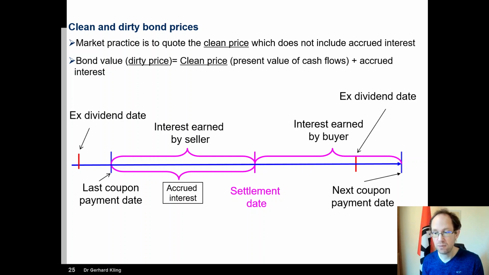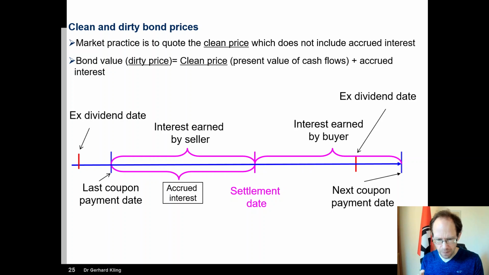So I might not be able to do this because there might be some accrued interest. Now the accrued interest matters because this is interest which hasn't been paid yet, but it's about to be paid at a certain date. And this needs to be accounted for in what you call the dirty price. So the dirty price is your clean price, which is in fact the one we tend to quote, plus the accrued interest.